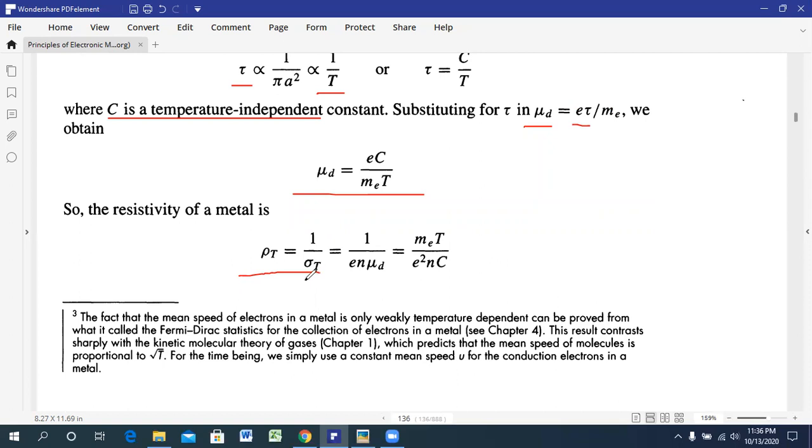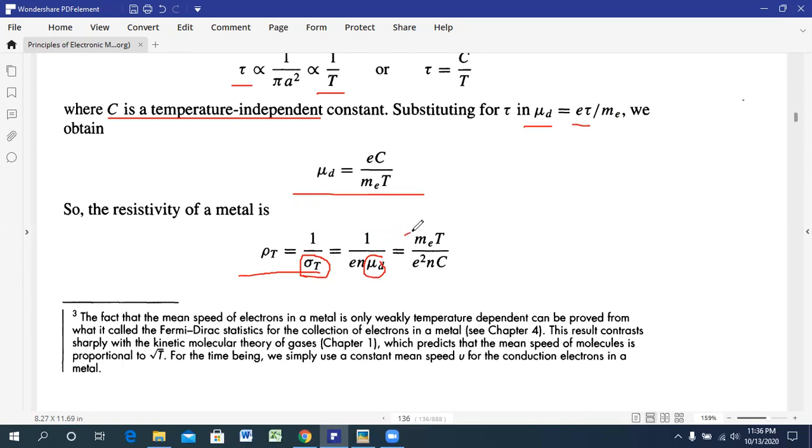So we can replace this sigma T value by 1 divided by e n mu T. From our last lecture, we have learned that sigma T equals e n mu d. Now, if we put the value of mu d here.